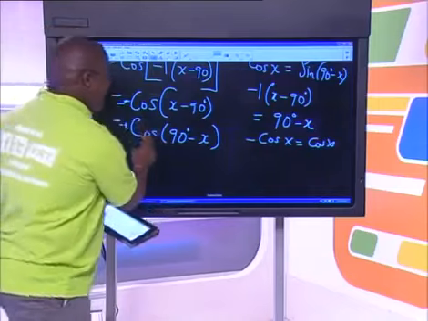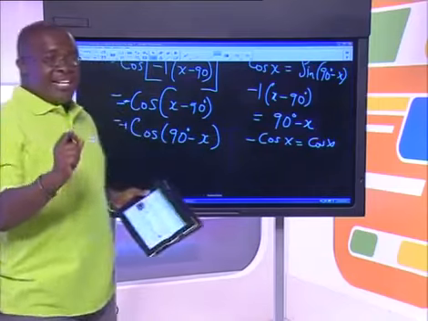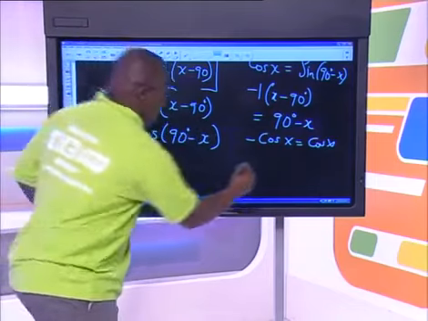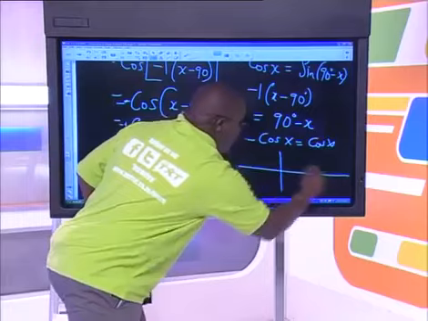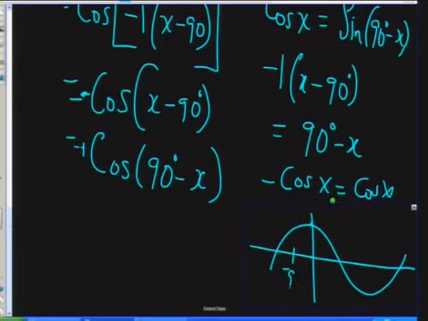Cos 90 minus x. Just to clarify that, I am using the fact that cos is symmetric. What do I mean by symmetric? If you draw the cos graph, at the origin here, you'll find that cos of negative 90 degrees is the same as cos of 90 degrees. So that's the symmetry that I'm talking about.